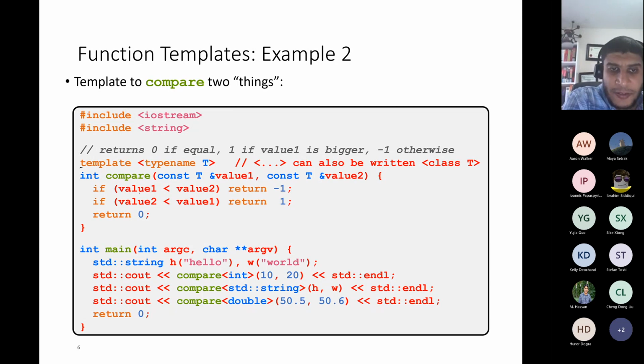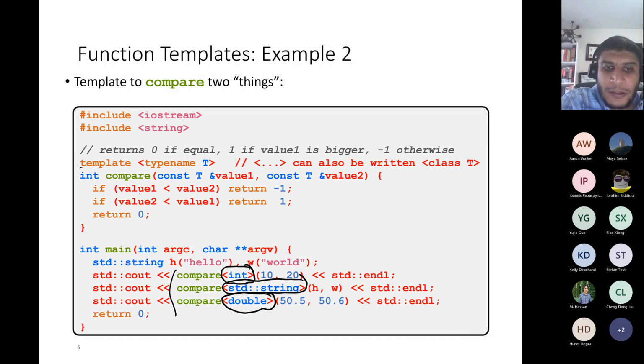Now, the interesting part is that I want to use compare to compare different types, right? So here I'm defining two strings, hello and world, and I'm also using compare to, first of all, compare two integers. And that's the part that I want you to focus on: this kind of specialization of the function. Here it's int, here it's string, here it's double, right?